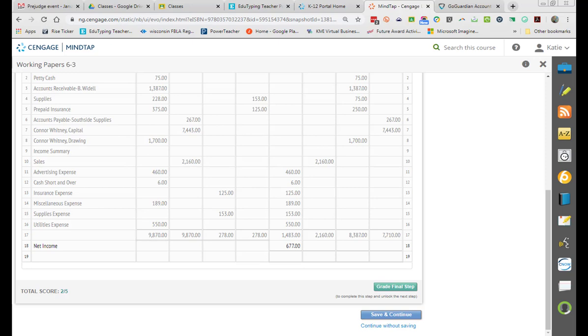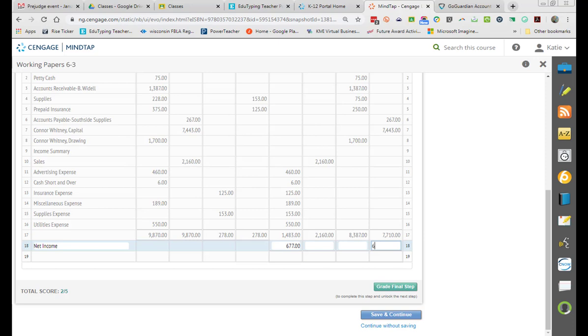Credit. Do you see it right there? So the value of owner's equity should go up how much? 677. That's a credit, right? So I'm going to take this debit of 677 and put it here as a credit. And then I have a matching debit and credit again.